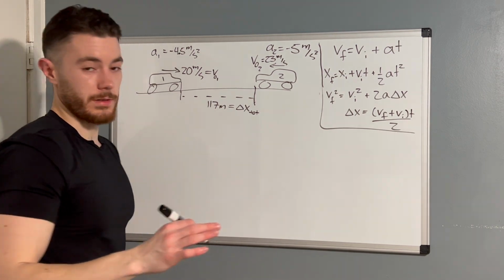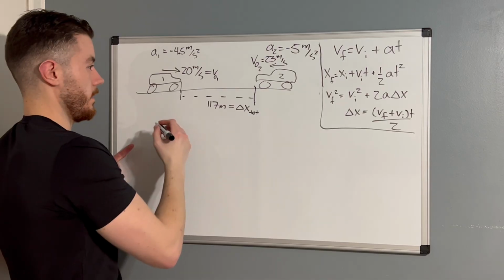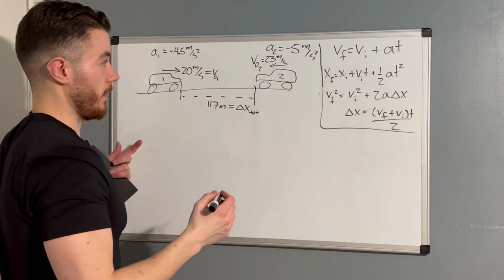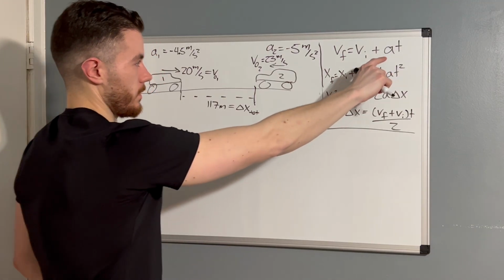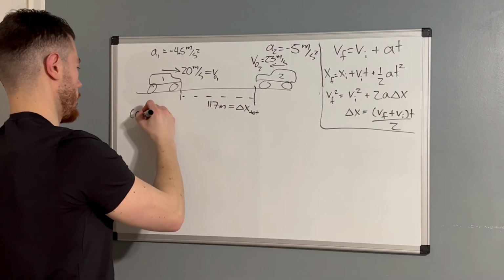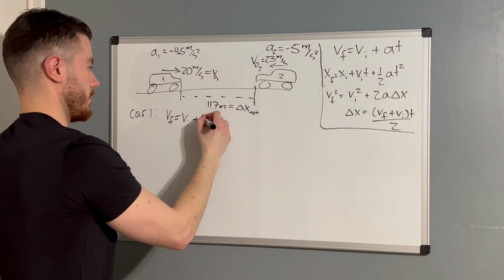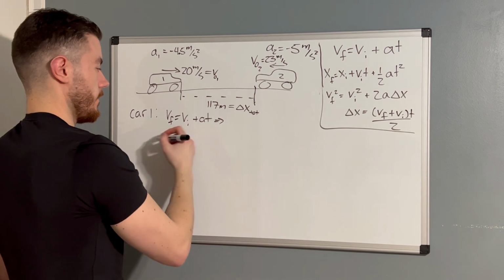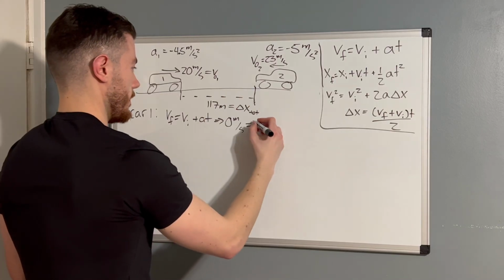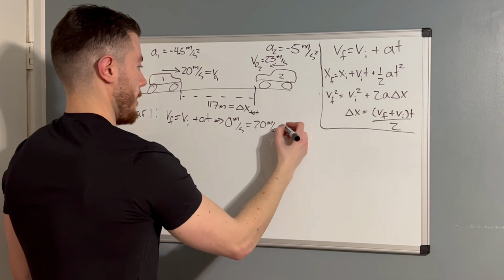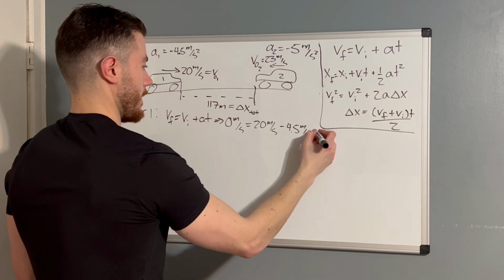So translating that into physics, first we will find the amount of time it takes for car 1 to come to a complete stop. And the simplest equation we can use for that is the first kinematic equation. So for car 1, V final equals V initial plus a t. The final velocity we want is 0 meters per second, equals 20 meters per second minus 4.5 meters per second squared times time.